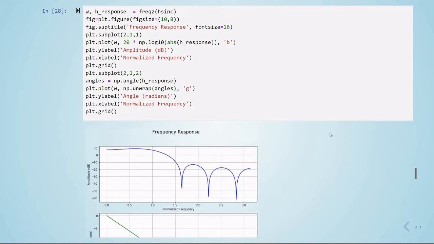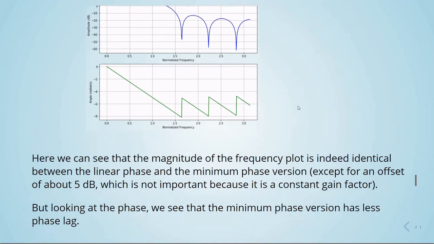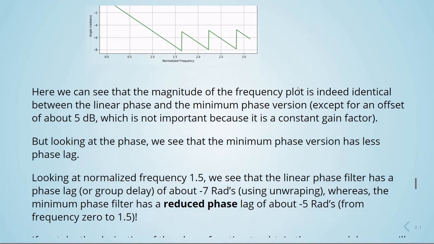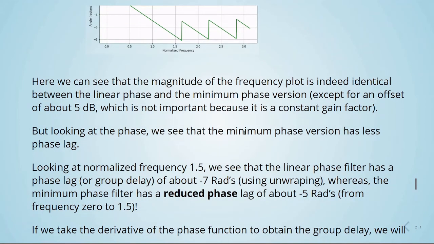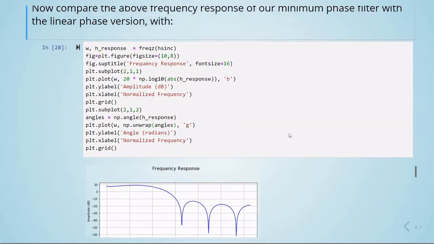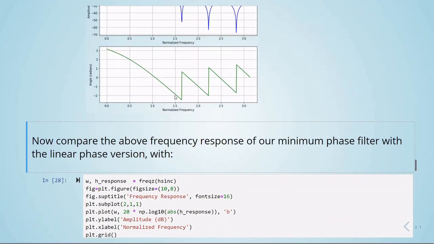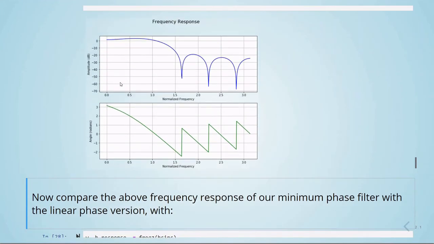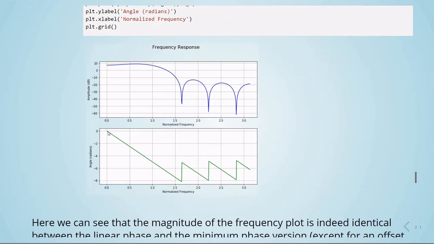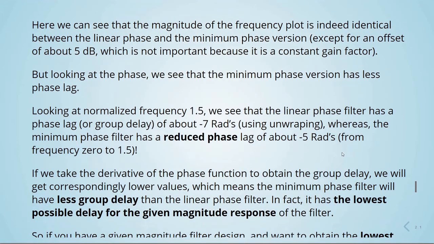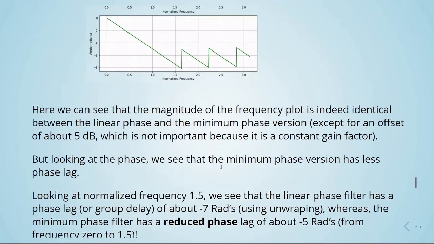This is the minimum phase, and this is the linear phase. So looking at normalized frequency 1.5, we see that the linear phase filter has a phase lag of about -7 rad, whereas the minimum phase has a reduced phase lag of about -5 rad.